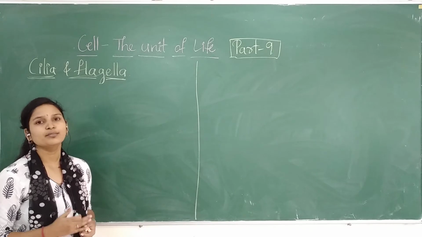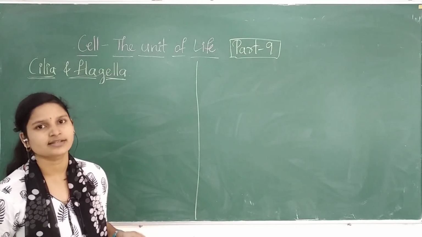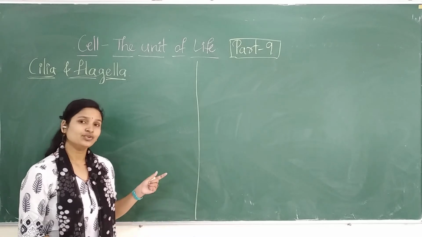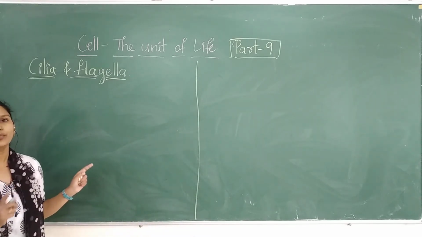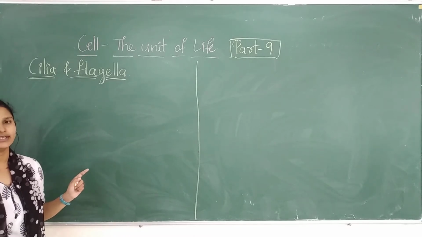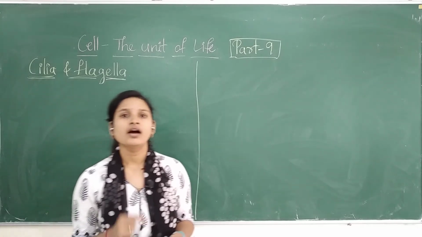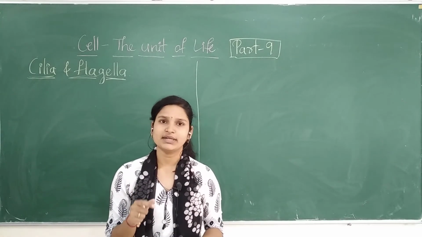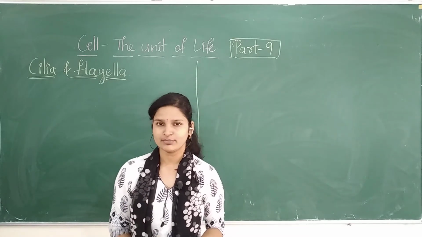Locomotion is nothing but movement. How we have legs for movement from one place to another place? The organisms, like the prokaryotes, will be having a locomotory structure that we call cilia and flagella. These are nothing but outgrowths which are helpful for the organism for their movement.